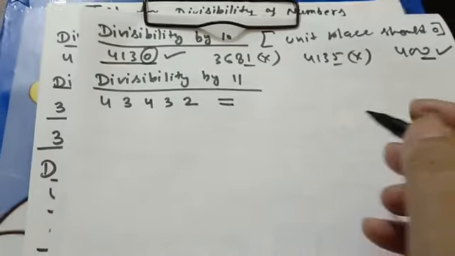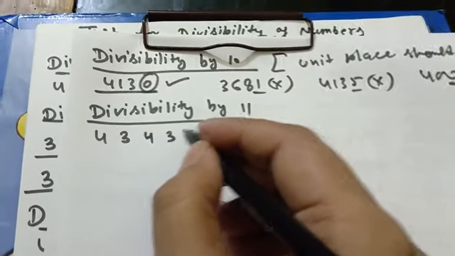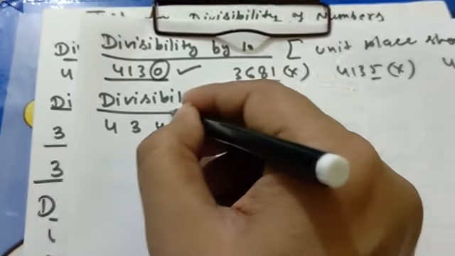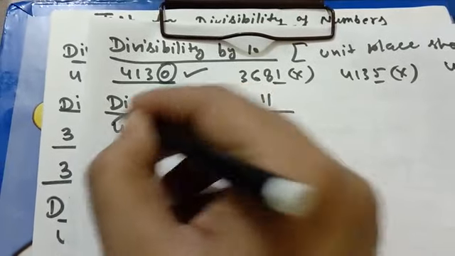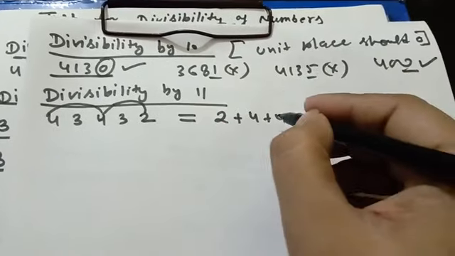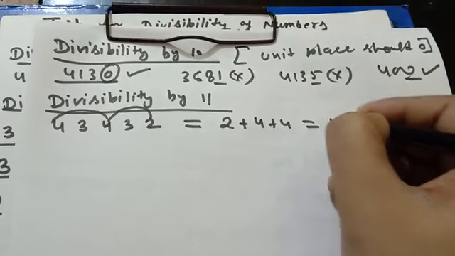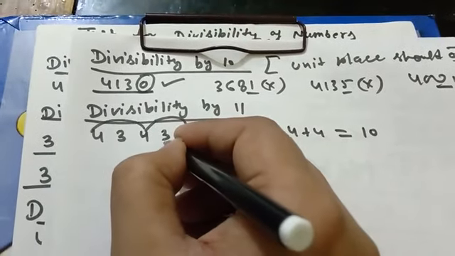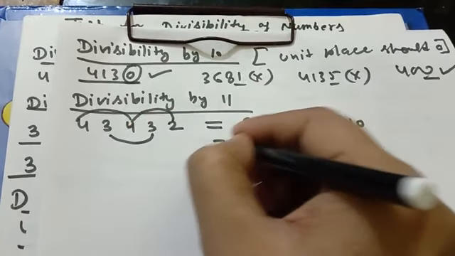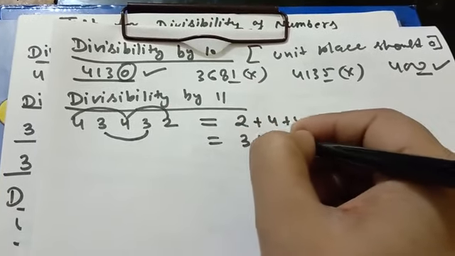The rule is that first add the odd places of the number. Like this way, 2, 4 and 4. 2 plus 4 plus 4, 4 and 4 is 8, and 2 is equal to 10, and the remaining places are 3 and 3.